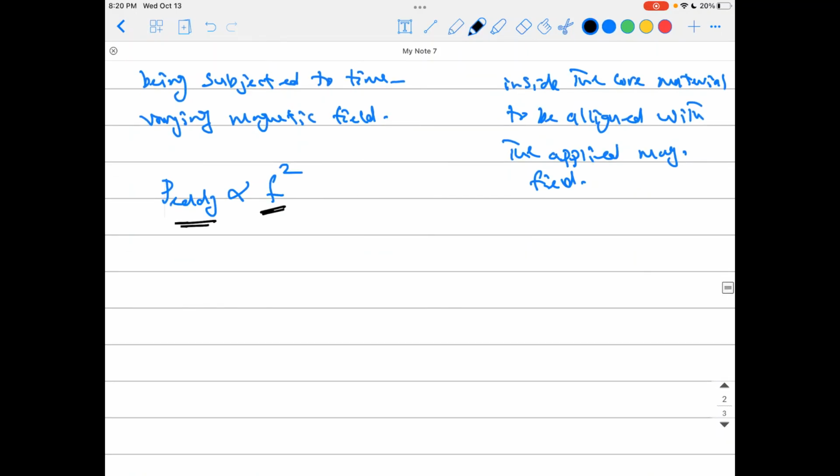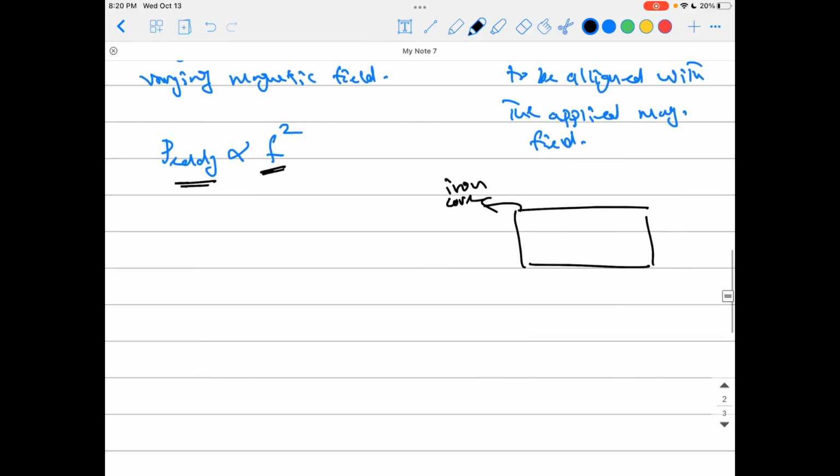If you have an iron core like this, and we have losses inside it that we call the core losses, the material of the iron core itself has ions with different polarities.